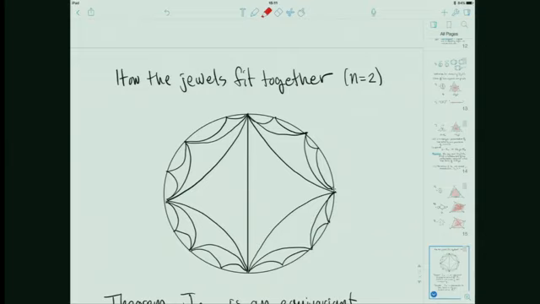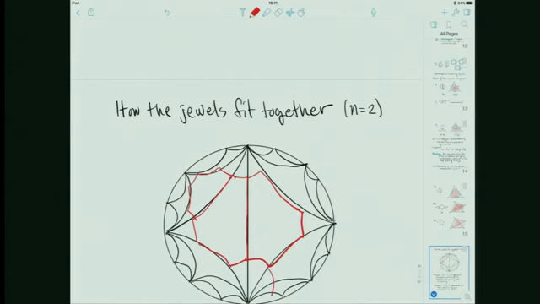We've seen that for n equals 2, these jewels all look like hexagons, etcetera. And you can see what I'm getting.